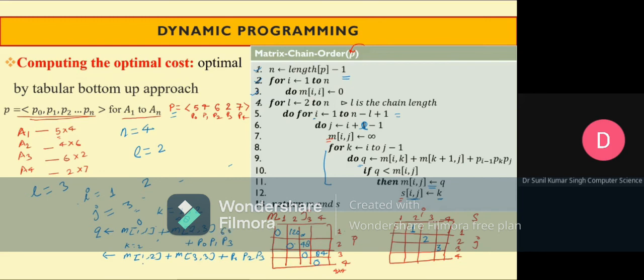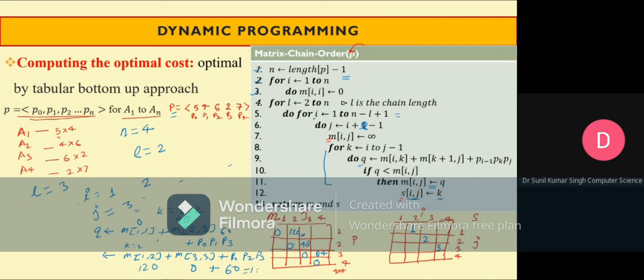Look at here, M12, first row, second column, 120, M33 given here, that is 0, plus P0, P2, P3, you can see here, P0 is 5, P2 is 6, so 5 into 6, that is 30, into P3, so 30 into 2, that is 60. Now look at the summation.